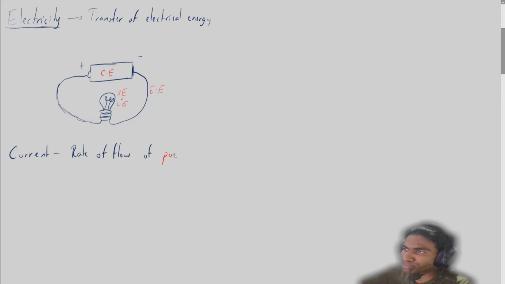And the keyword is positive charge. This actually lets us write an equation for current, which is that current is defined with I being equal to Q over T, where Q is the charge, which is measured in units of coulombs, named after a scientist.